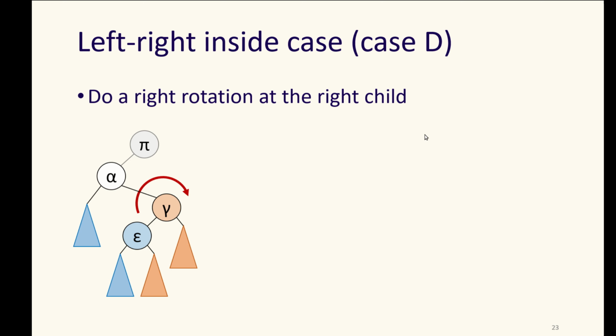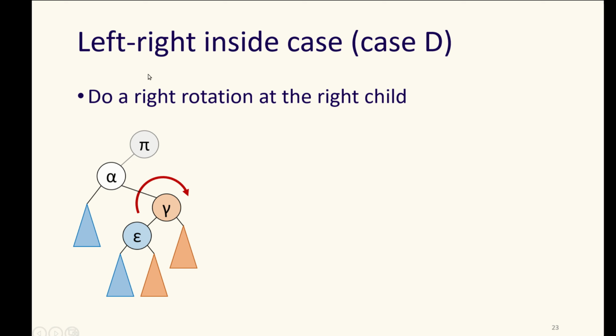And again, pretty much the opposite is true for the opposite case, the left-right inside case, where it is the left child of the right child of alpha. We sort of phrase these going upwards because to do the checks for where things are imbalanced, we're stepping upwards. So it gives us a similar structure to it.